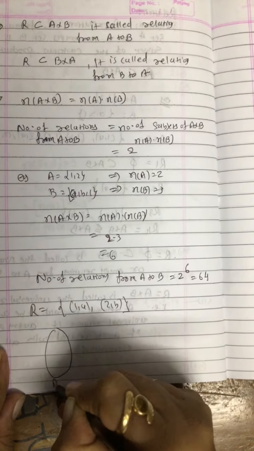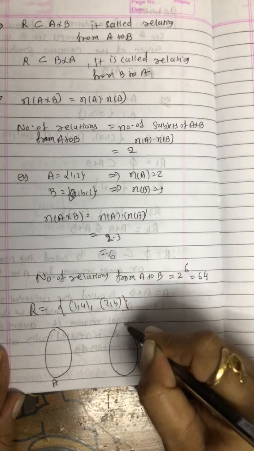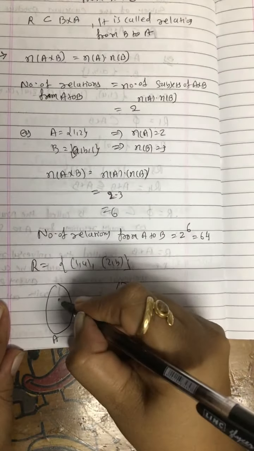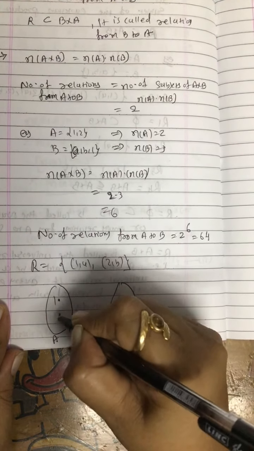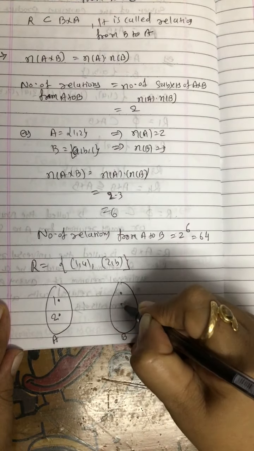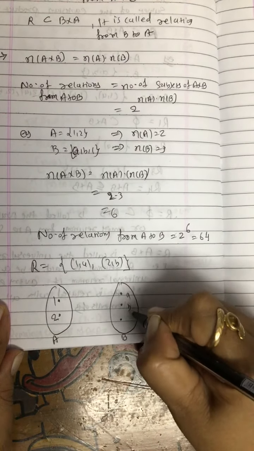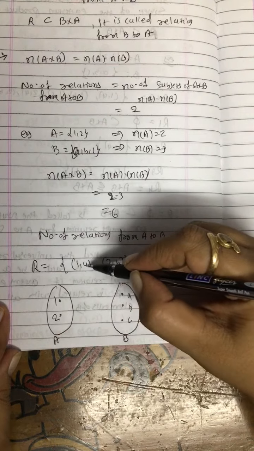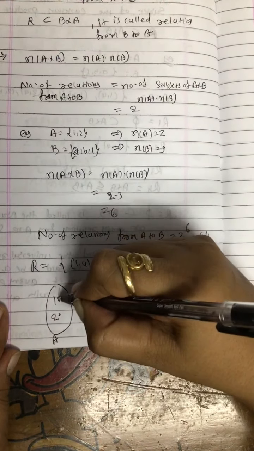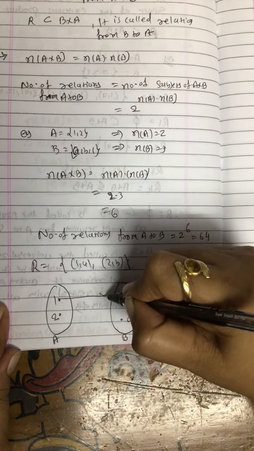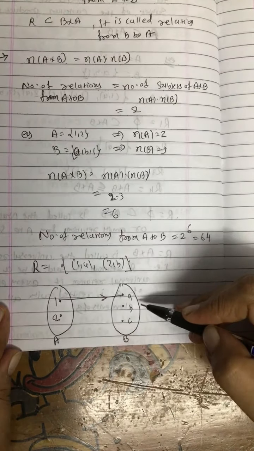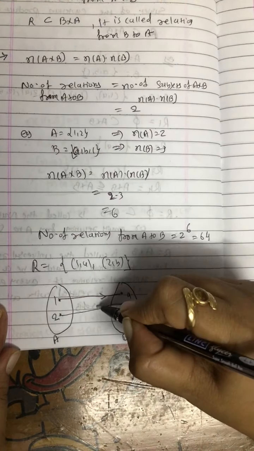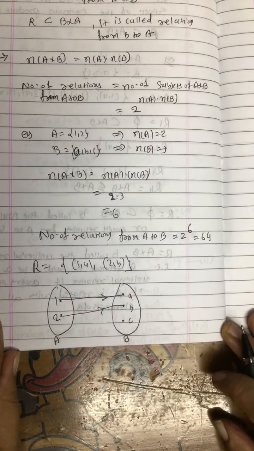This diagram represents set A and this diagram represents set B. In set A, how many members are there? 2 members, so we say 1 and 2. In set B, 3 members, we name them a, b and c. Now as per this relation, 1 is associated with a, so we can show it by an arrow that 1 is related to a, and 2 is related to b, so from 2 to b I can draw an arrow.